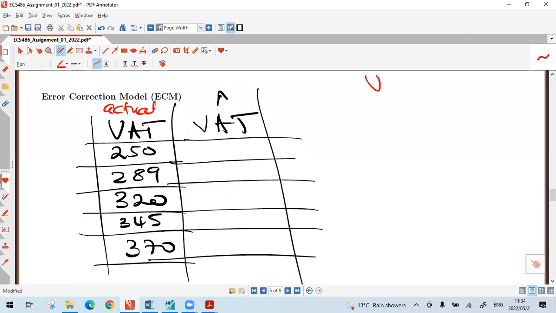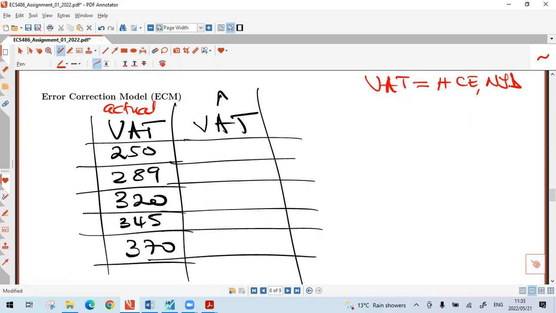Then we have your model. That was VAT. You guys were coming up with a model. You told us that VAT depends on HCE, and I think it was also depending on NY and all those other variables. You remember those variables.